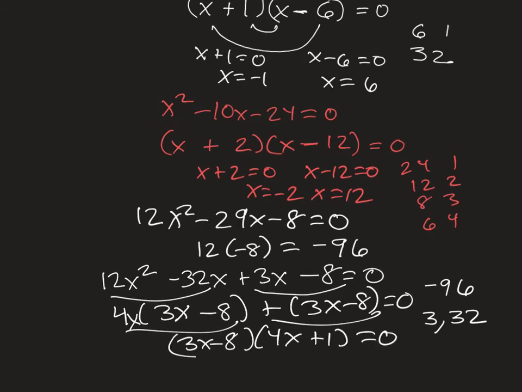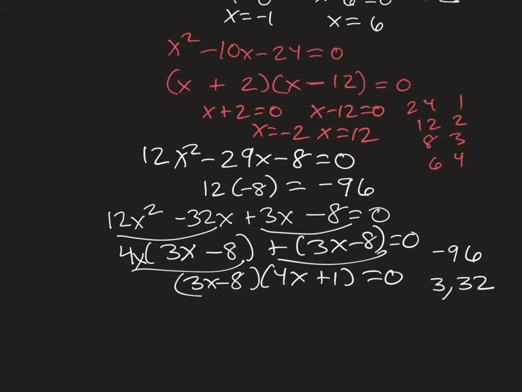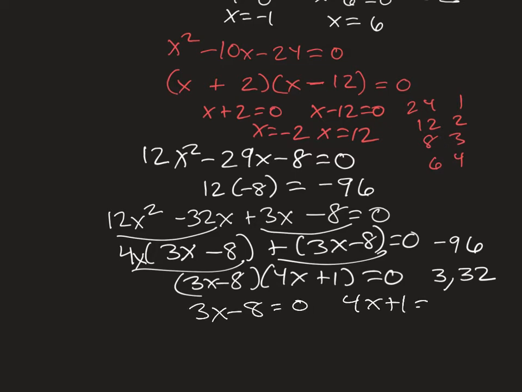Now it's in that nicely factored form, and I can set each factor equal to 0 and solve. So 3x minus 8 equals 0, 4x plus 1 equals 0, x is 8/3, x is negative 1/4.